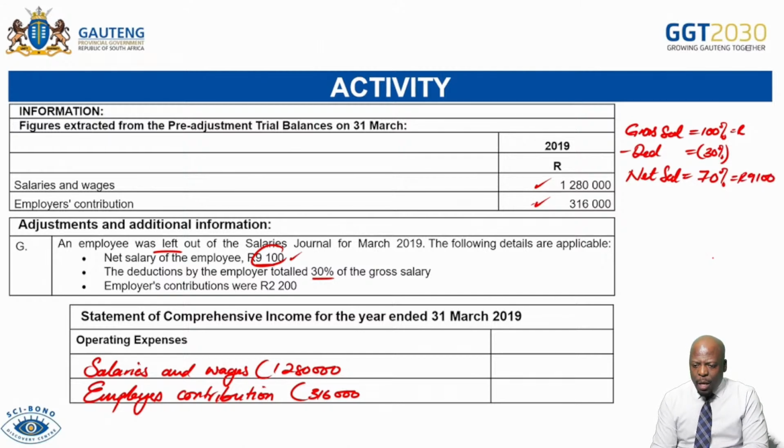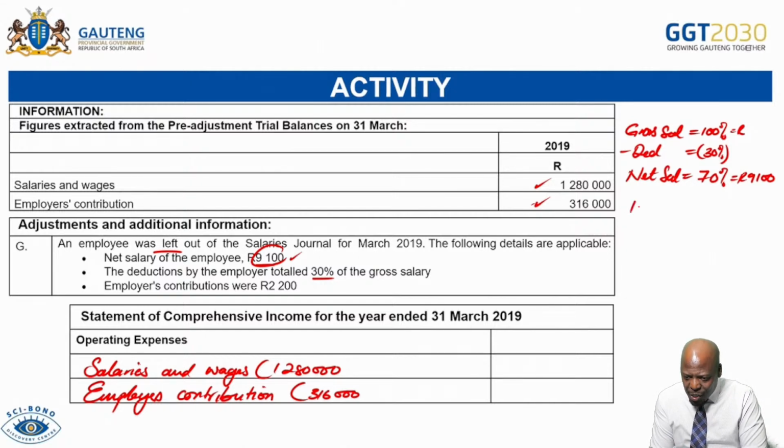Now, the gross salary is what goes into your statement of comprehensive income. So we can simply do this in any way. You can get the deductions or you can just get the gross. Okay, some are saying let's get the deductions, then we get the gross. Okay, it's still okay. But maybe for time, let's just get the gross.